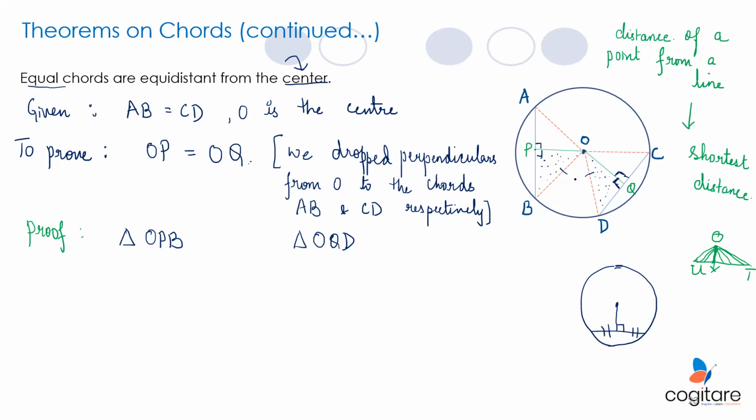In that case, first and foremost, the line OP bisects the chord AB. Hence, I've marked these two to be equal. Now, the line OQ bisects the chord CD. So, I have marked it like this.